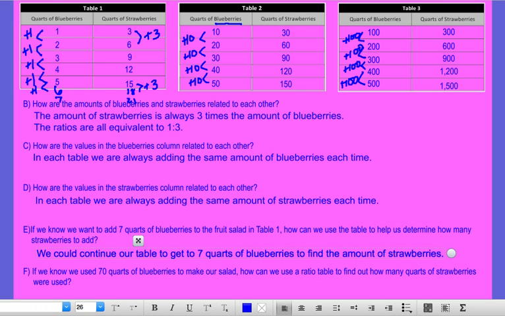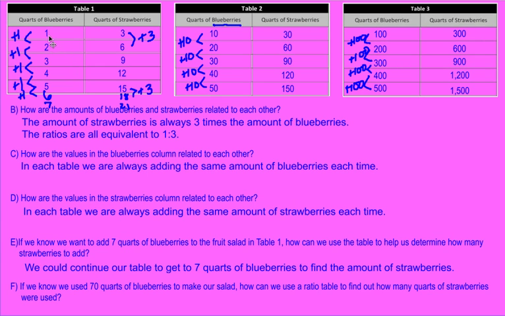Or we can go back to our original table where we know that it was the ratio of 1 to 3, and we can use our multiplication. So we know that 1 to 3 tells me that for every 1 quart of blueberries, I multiply that by 3 and I put in that amount of strawberries. So I know that if I want to put in 70 quarts of blueberries, I'd have to multiply that by 3 to find out that I have to put in 210 quarts of strawberries.